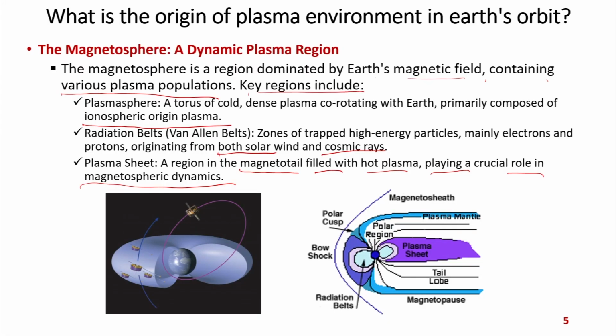Since these are in different directions, there will be the plasma sheet here. What the bow shock, the magnetosheath and the magnetopause are, we already discussed when we discussed how the solar wind is coupled to our magnetosphere.